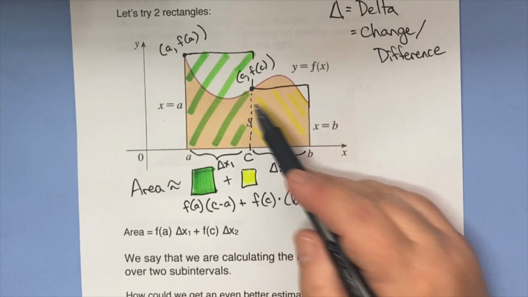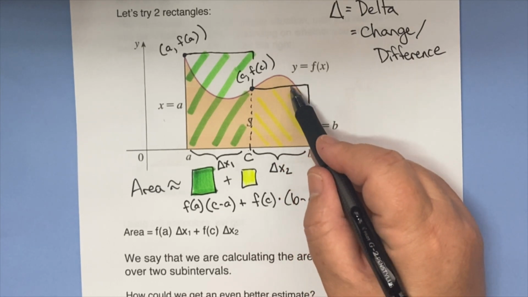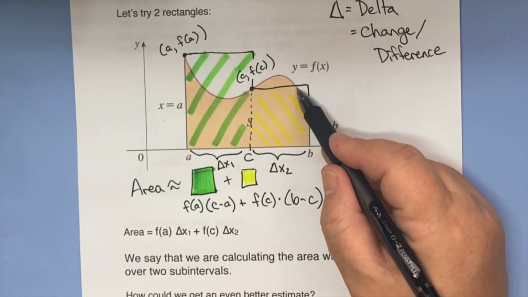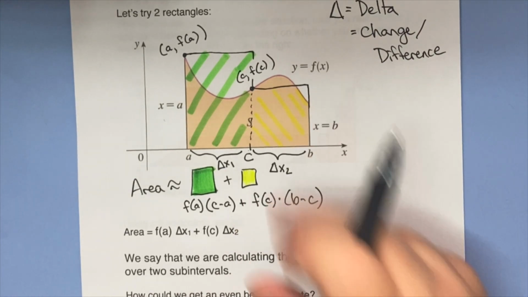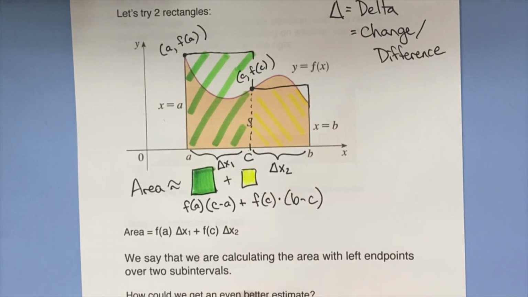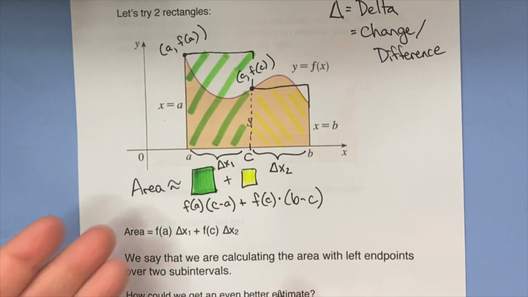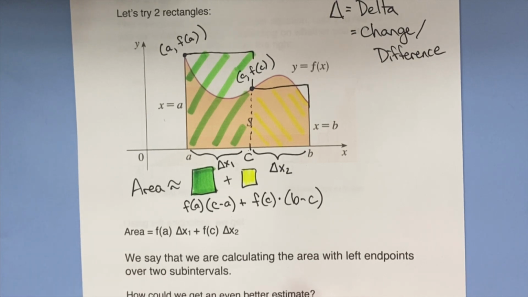And if we look at the yellow one, we missed this little piece right here, but we got a little bit extra there. So I think the yellow rectangle is actually probably pretty close for this part. So I think we've got a better estimate. So I do think we've improved things. And given that, what can we do to make it even better?